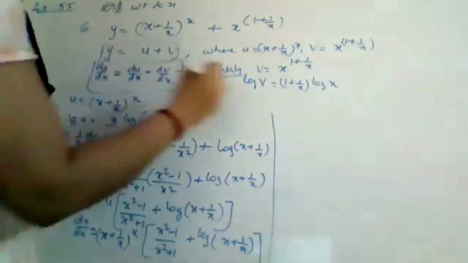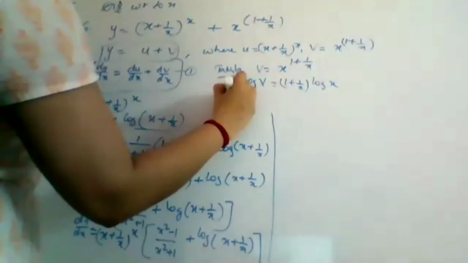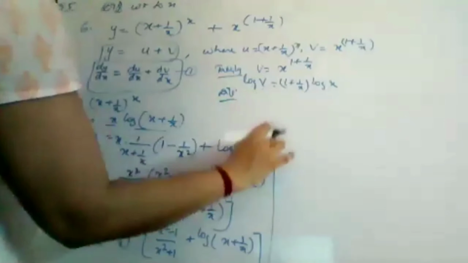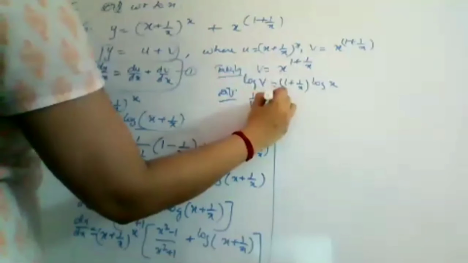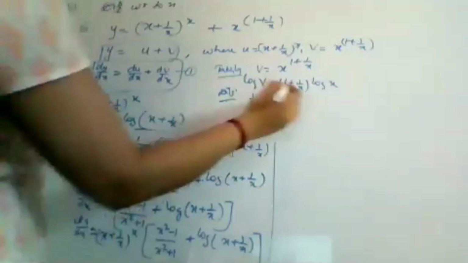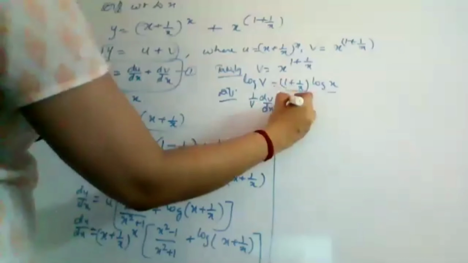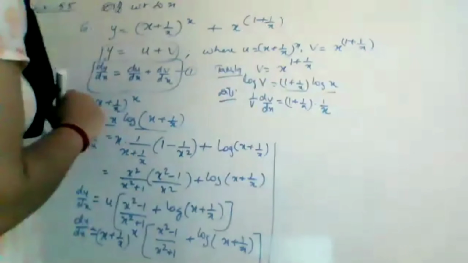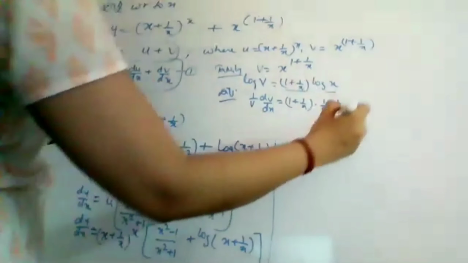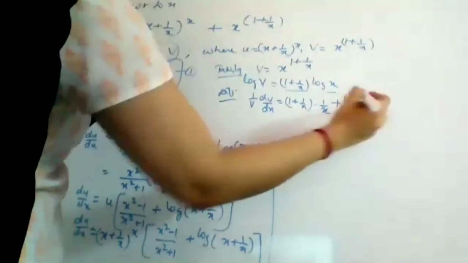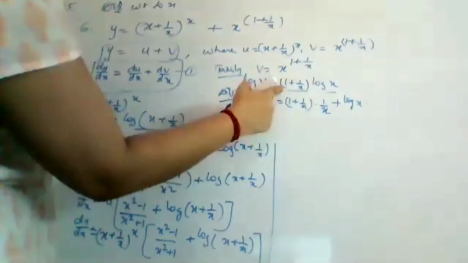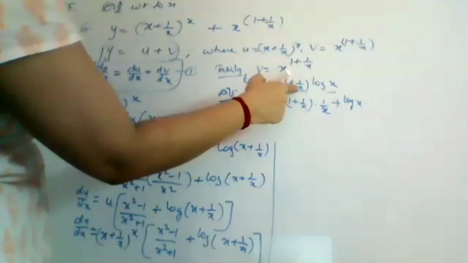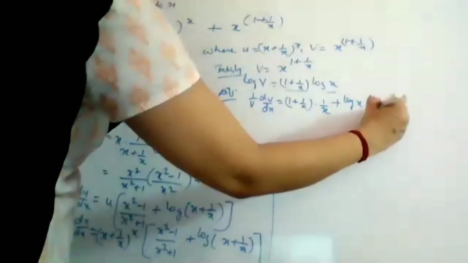Okay. Now differentiating both sides with respect to x will give you 1 by v into dv by dx equal to first term, second term. 1 plus 1 by x into derivative of log x is 1 by x plus log x into derivative of 1 plus 1 by x. Derivative of 1 is 0. Derivative of 1 by x is minus 1 by x square. So you get minus 1 by x square.